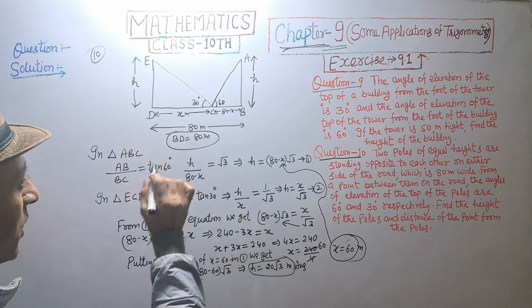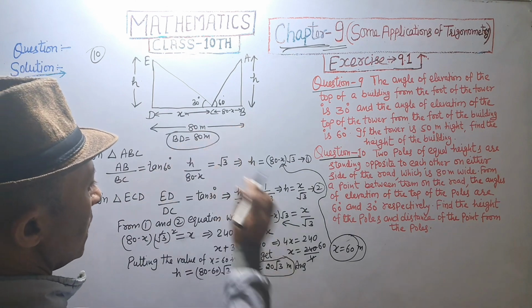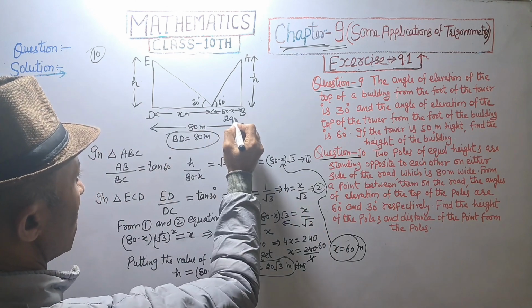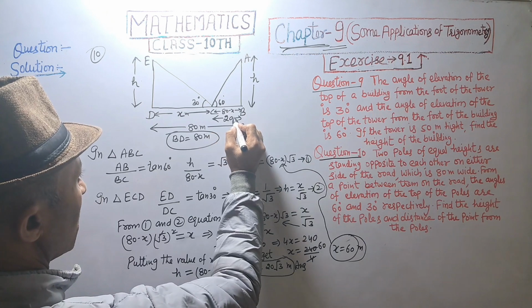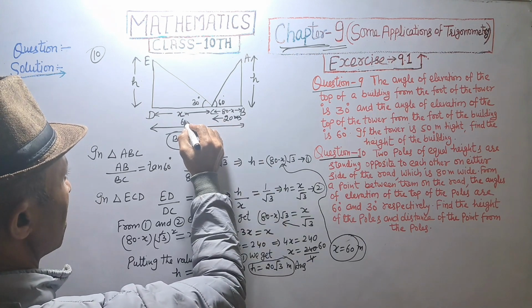and distance 80 minus 60, that is 20 meter and 60 meter.